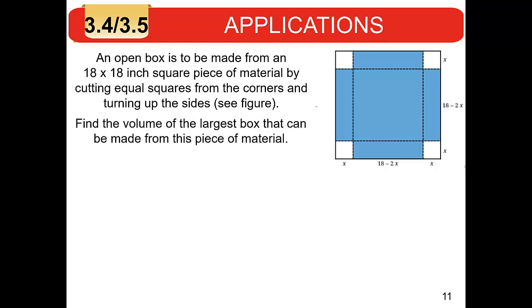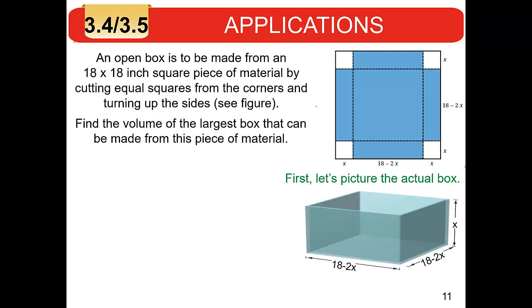And the question we want to answer is this: find the volume of the largest box that can be made from that particular piece of material. The volume of a box. Well, you need to be able to picture that box in your mind or actually draw it out on paper. So what you're doing is you're folding up those sides once you cut out the corners and making a box out of it. So you'll get something like that.